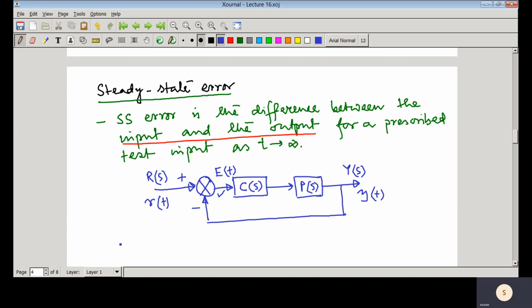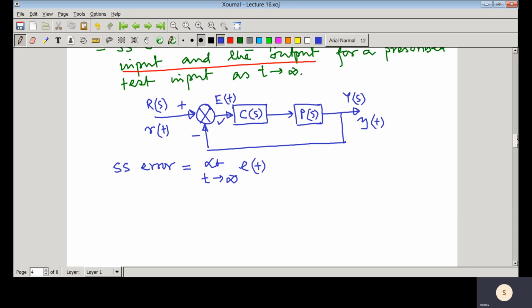The steady state error is the limit as t tends to infinity of e(t), that is, the difference between r(t), the reference command, minus y(t). That is actually the steady state error.